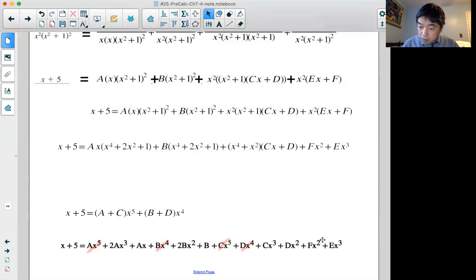Now it's a third power. It's there, 1, 2, 3. I see it. So 2a plus c plus e, right?